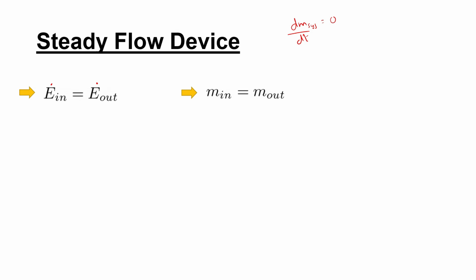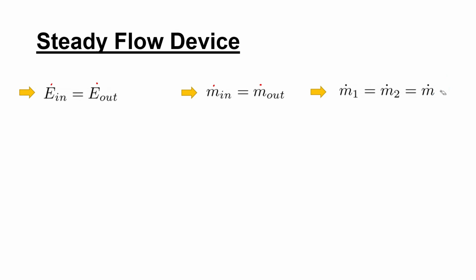Almost every property of the system remains the same with respect to time. So m dot in is equal to m dot out. If you take this as inlet and this as outlet, m dot 1 is equal to m dot 2, which is equal to m dot.